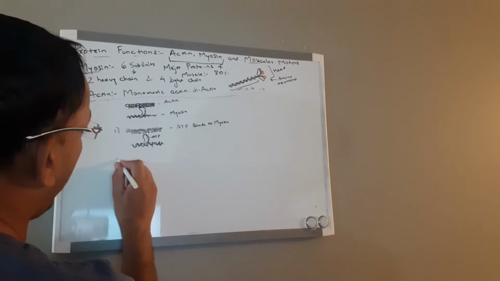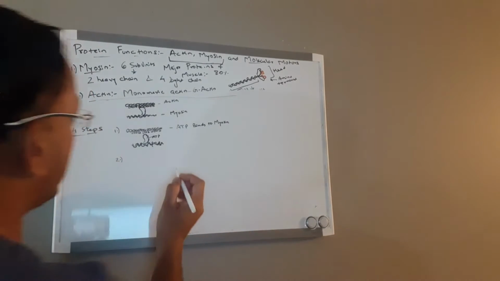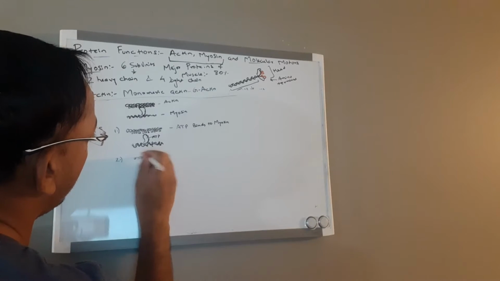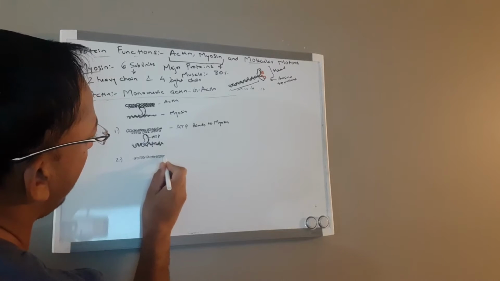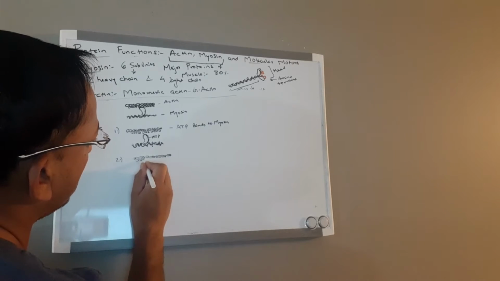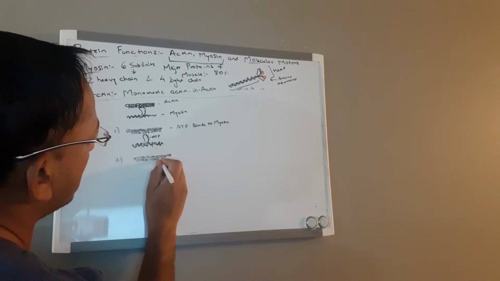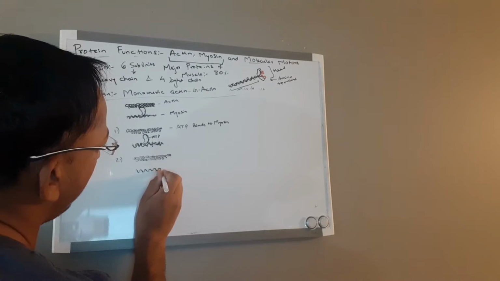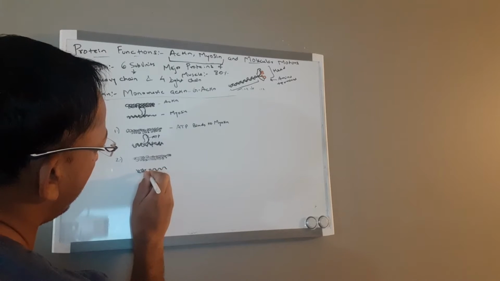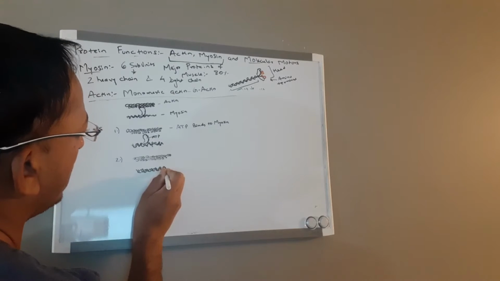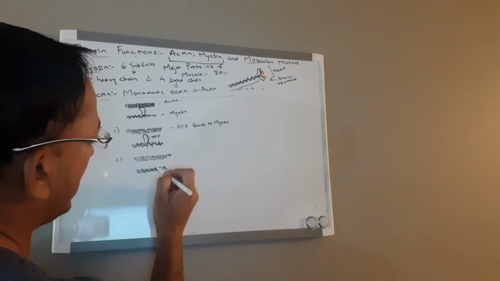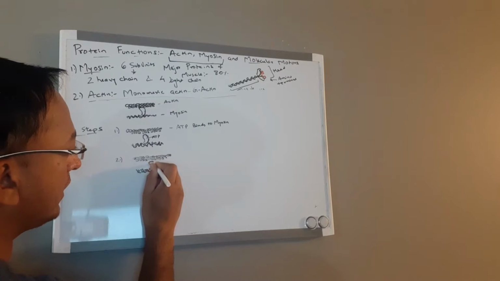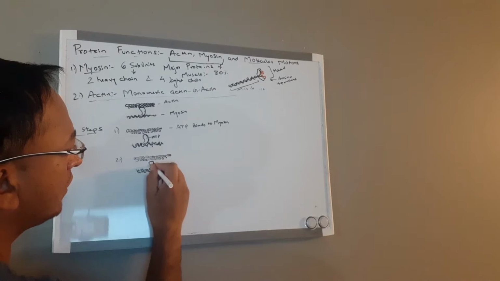And when the ATP is hydrolyzed, it causes conformational changes. All right, so let me draw the diagram again. Okay, something like this. So ATP is still bound to this myosin head, but it is hydrolyzed.